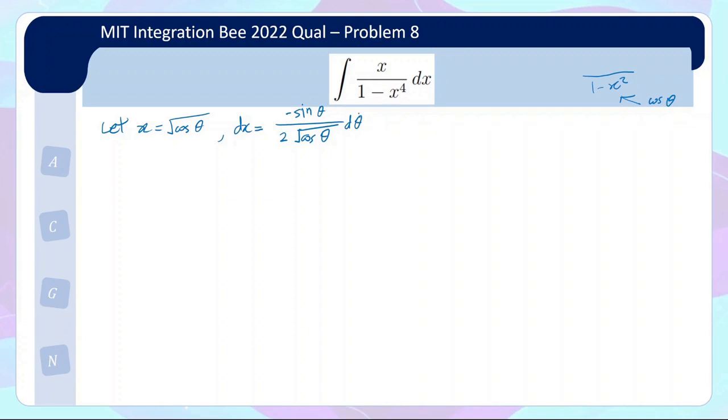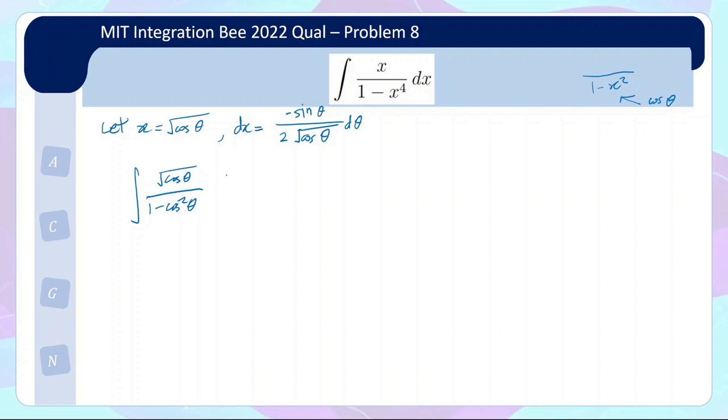Okay, so now we do the substitution. This is the square root of cosine theta. And then what do we have? The bottom, as I mentioned, is 1 minus cos squared theta, which will become sine squared theta.